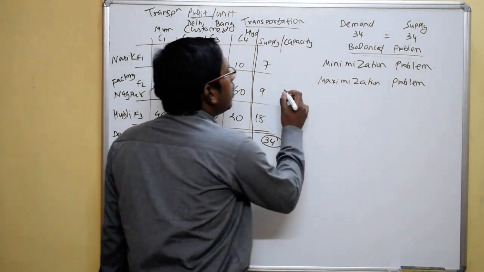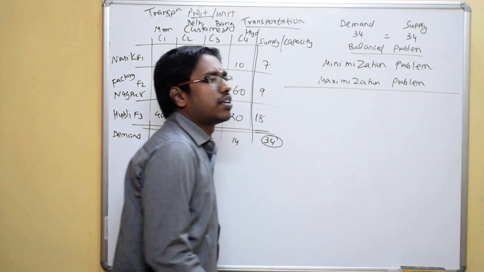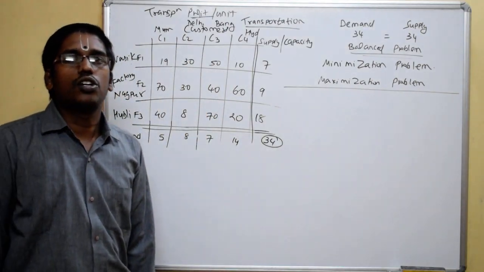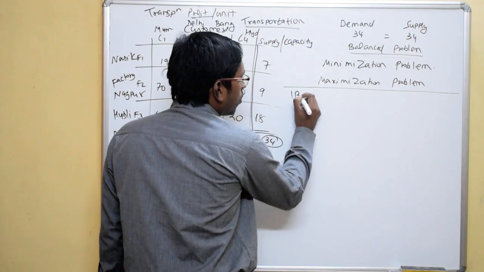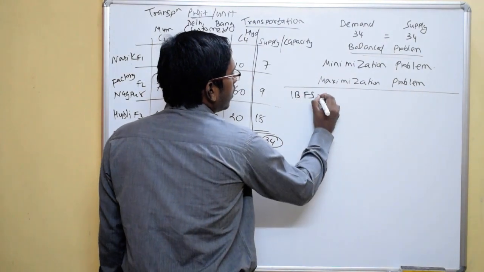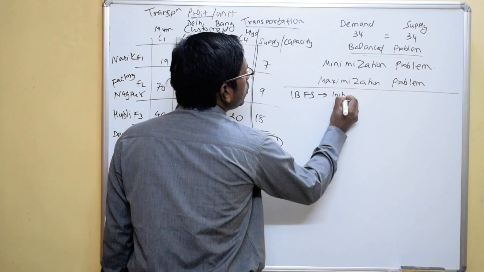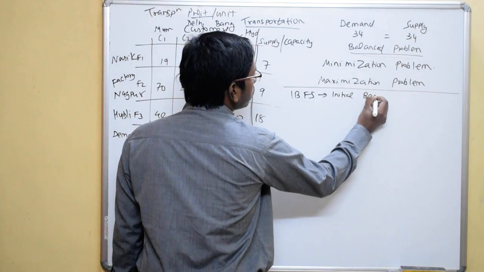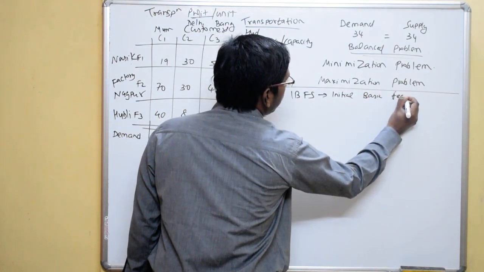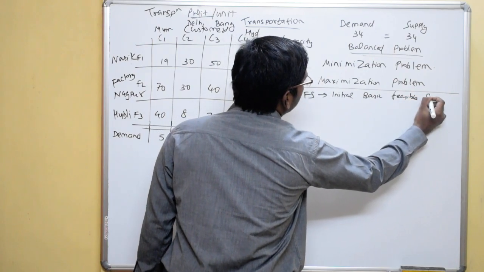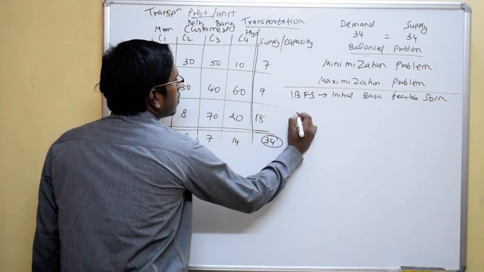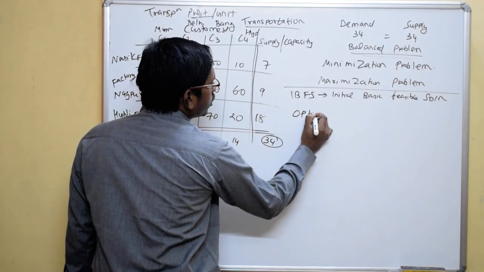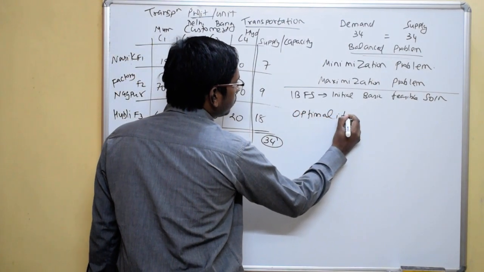Note that every problem, every question in transportation, we will have two levels of solution. The first level of solution is something called IBFS. It is called initial basic feasible solution. And the second level of solution is something called testing for optimality.